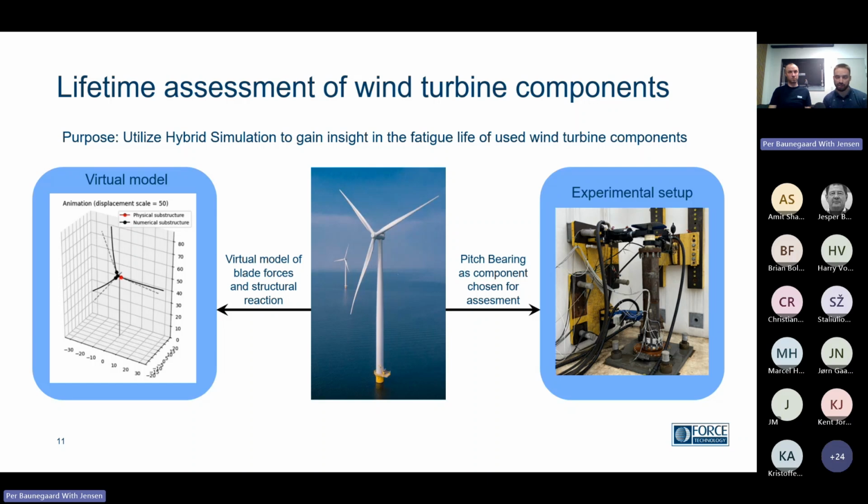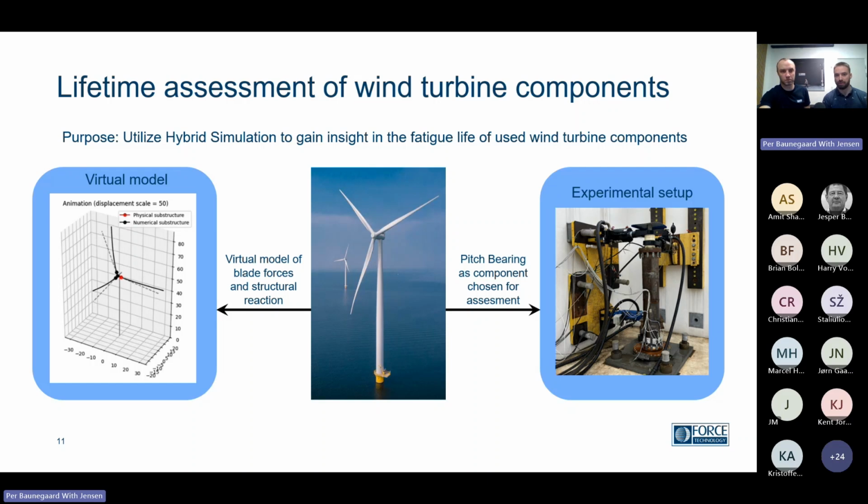In this case, we have a little experience from Per's department in testing pitch bearings. A pitch bearing is the ball bearing situated in the wind turbine between the hub and the blade, so the joint that enables the blade to pitch in the wind due to different wind speeds and so on.